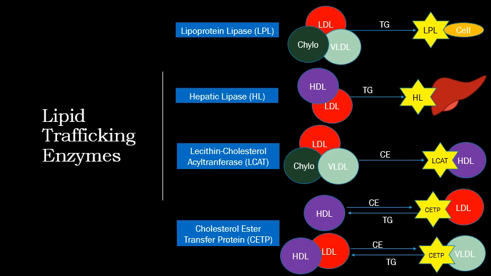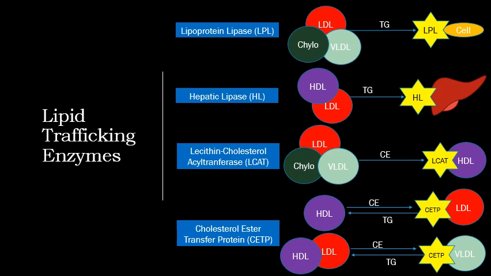CETP takes the triglyceride out of the VLDL and gives them to the LDLs in exchange for a cholesterol ester. So the cholesterol content of the LDL goes down, but the triglyceride content of the LDL goes up. Remember, the cholesterol ester and the triglyceride are the cargo, and LDL is the truck.